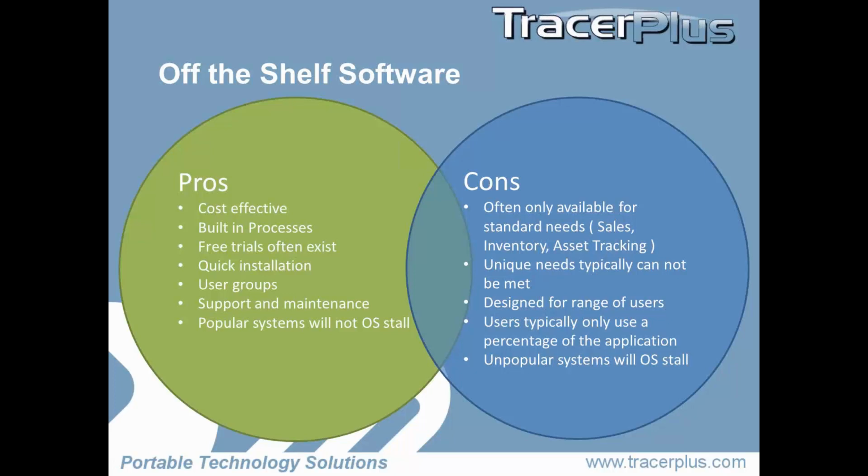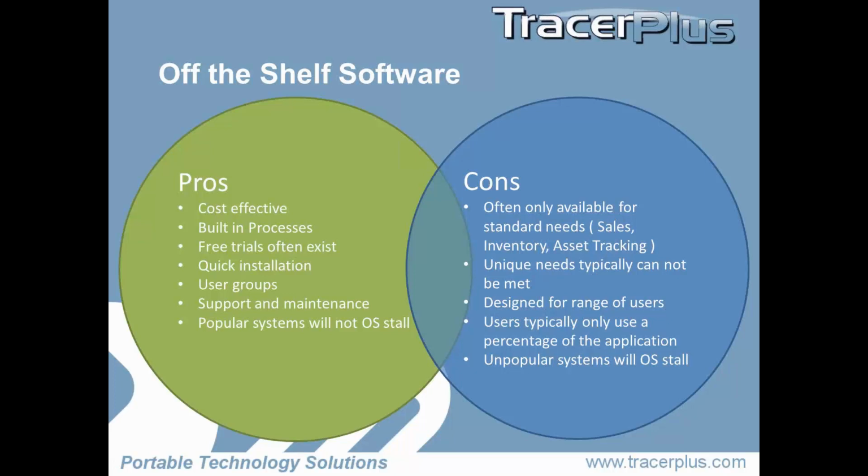We always tell our customers, if you're looking for a process that's not in place, i.e. you're doing asset tracking, and you really have no clue how you want to do it, what you want to track, and you don't have a back-end system, PTS and TracerPlus may not be the best thing. Maybe you want to go to one of our, not partners, but we know them pretty well, like a Red Beamer and an IntelliTrack, and use their canned solutions that have built-in processes, and take advantage of the work being done for you already.